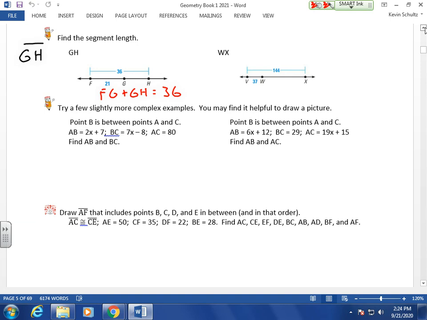Oh, I shouldn't have written 36 there. FH, right? Because FG and GH are parts of the whole segment FH. If we know that FG is 21 and GH is what we're trying to find, and FH is 36, now it becomes a simple algebra equation, right? 21 plus what number equals 36, and that's where we get GH is 15.